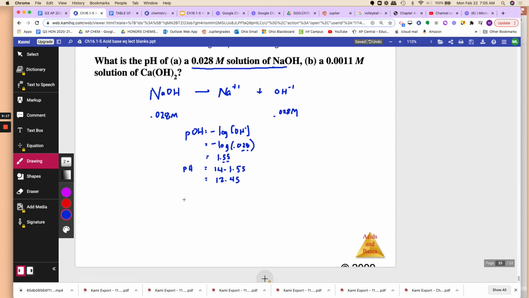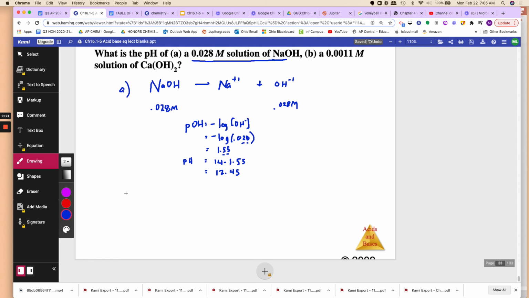Okay, so that's A. So you pause the video and try B. Okay, so the equation for the dissociation of calcium hydroxide, and it is a strong base, so it's 100% dissociated, will be calcium 2+, plus you're going to get 2 hydroxides, so 2 for 1.